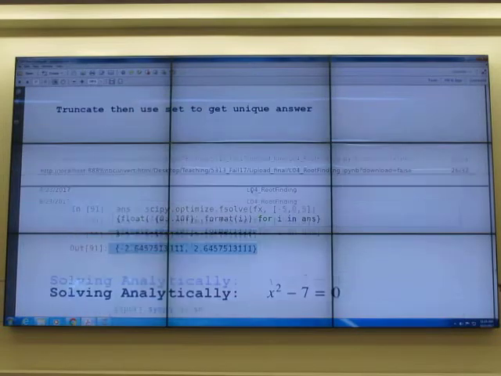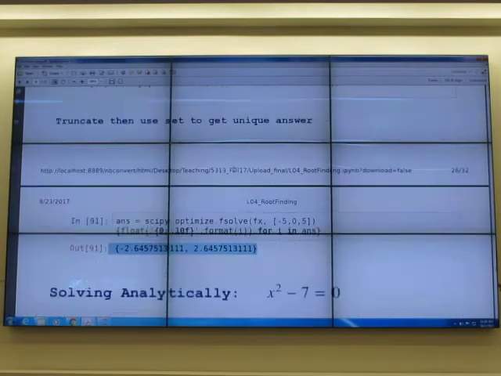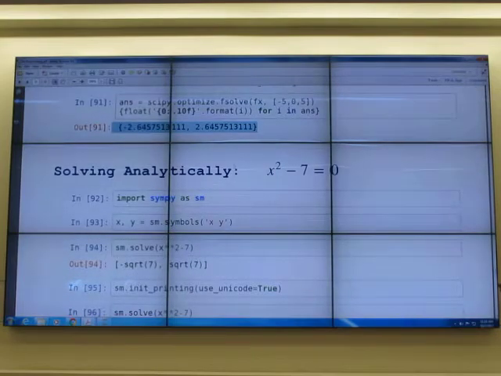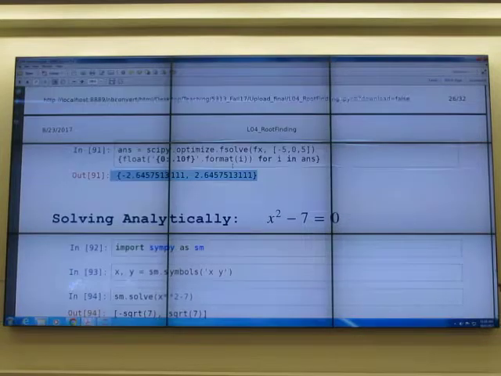Just 2 numbers. For a polynomial of degree 2, we have 2 answers, right? We don't have 3 answers. All right, let's move on. Yes? What does the 10 have to do with the number of values we got? We got 3 values, but just 10 digits.